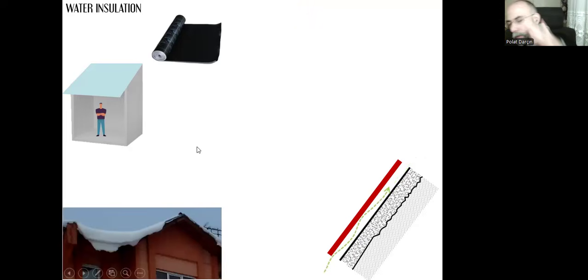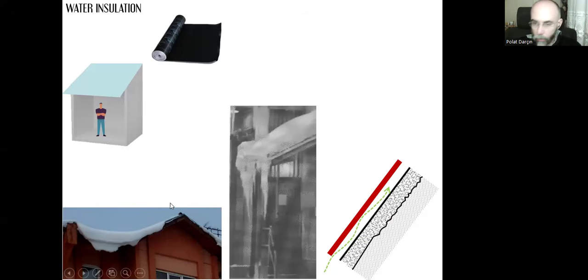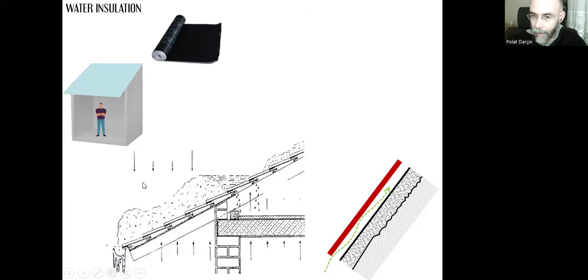And this natural ventilation, this airflow channel, will help with the snow problem in cold climates. We know that there is snow accumulation on the roof, and at the eave level, the melted and frozen snow can cause these icicles.